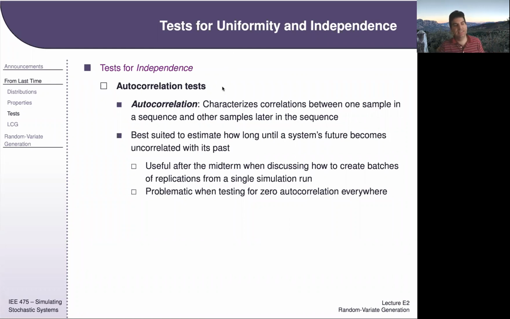This is a test which says, if I have a string of samples and I shift that string of samples by a certain shift size, which we call a lag, then how correlated is my unshifted version with my shifted version? If you do that for every possible lag, then you can use those correlation coefficients, the so-called autocorrelation, to determine if there's independence in your sample.